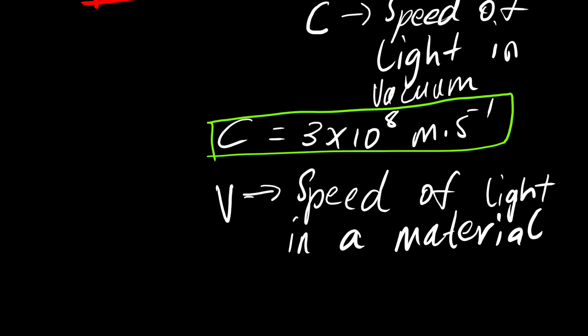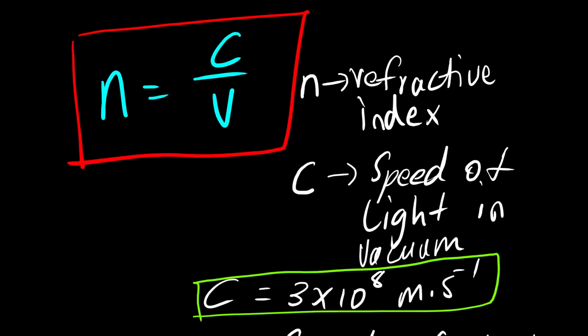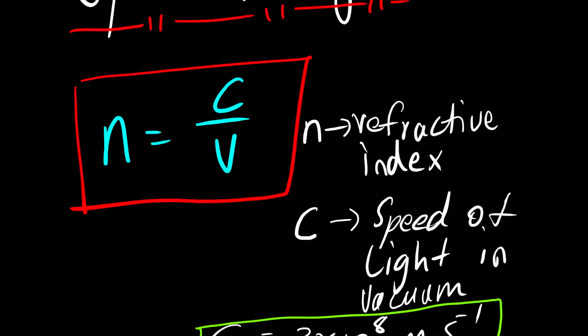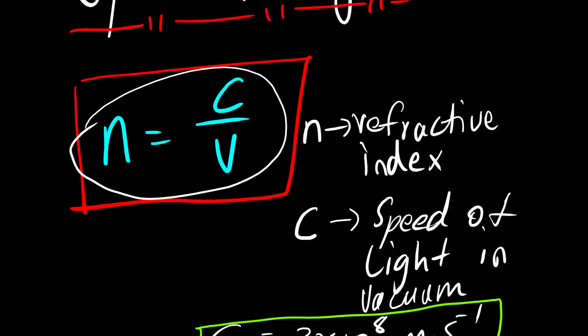Now remember the definition of refractive index, which is N. The refractive index of a material is the ratio of the speed of light in vacuum to the speed of light in the material. So basically, this definition explains this equation. This is the ratio. C over V equals our refractive index, N.